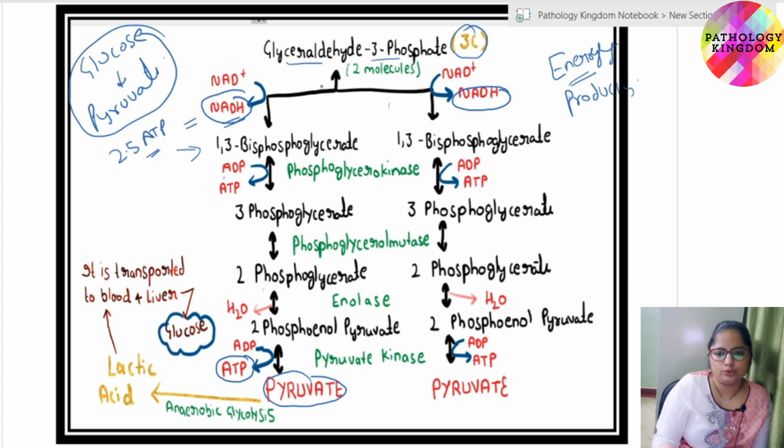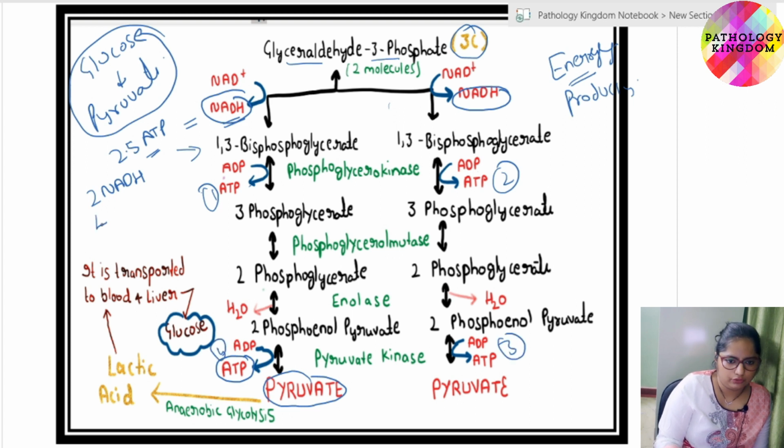As we have 2 molecules of glyceraldehyde 3-phosphate, there are 2 NADH and 1, 2, 3 and 4 ATP.